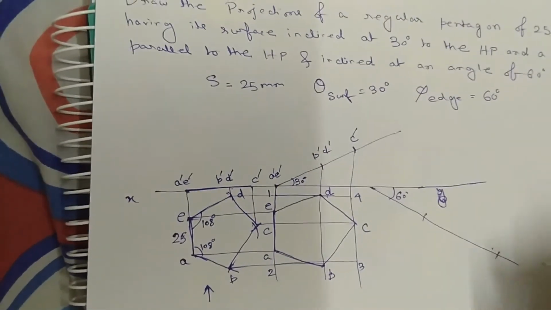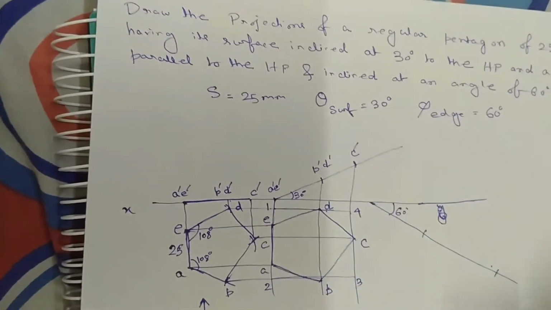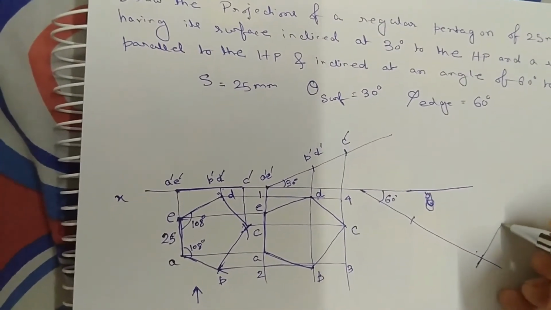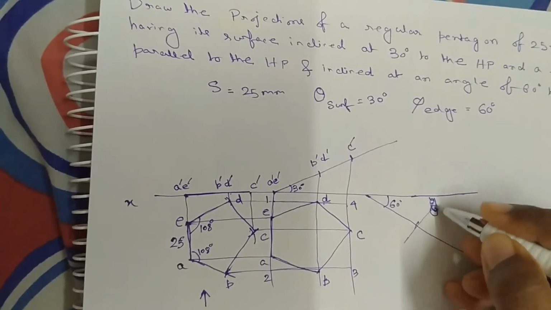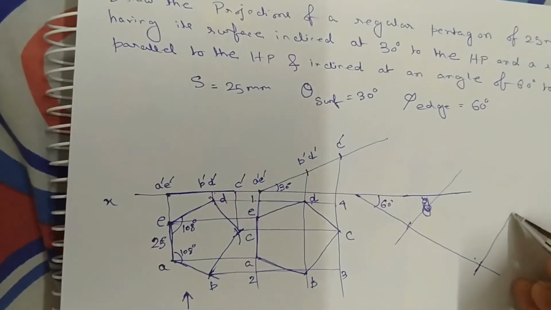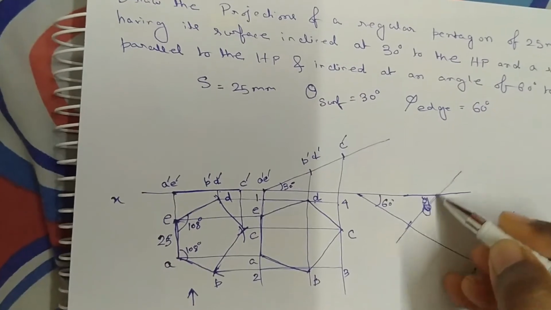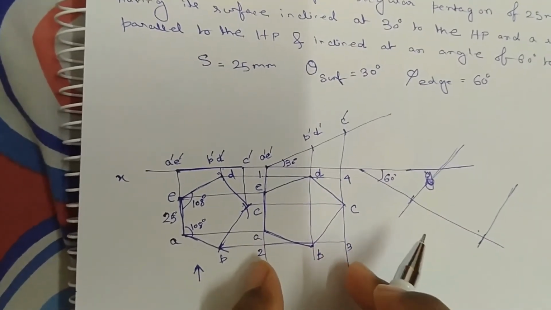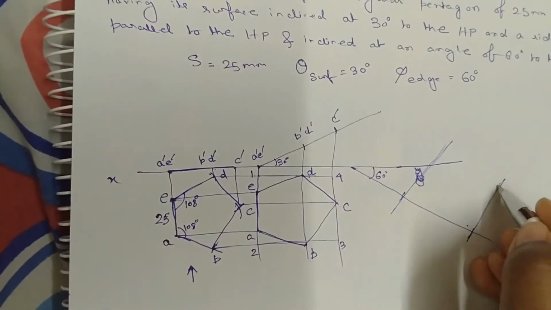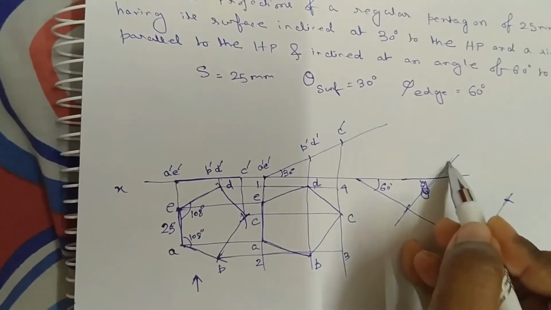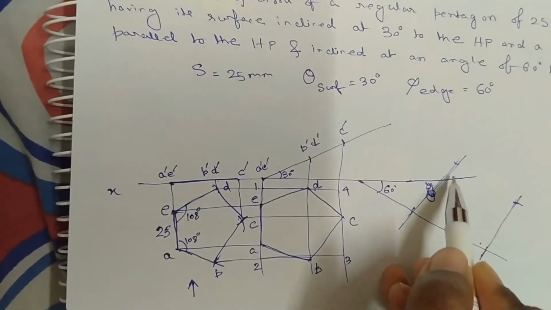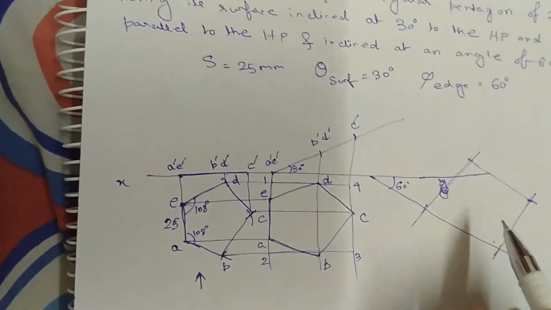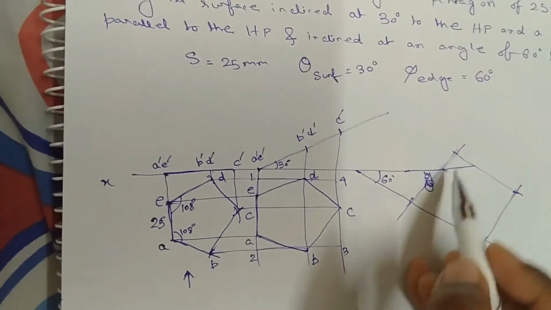After that, place your set square over here and make 90 degree with your set square. And this is 2, 3. 2, 3 will be over here. 1, 4 over here. Sorry for my mistake.